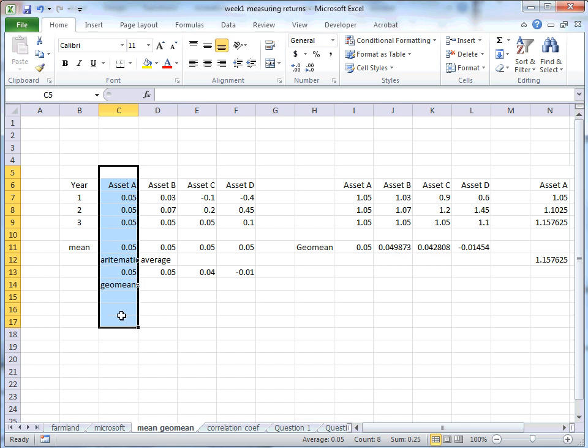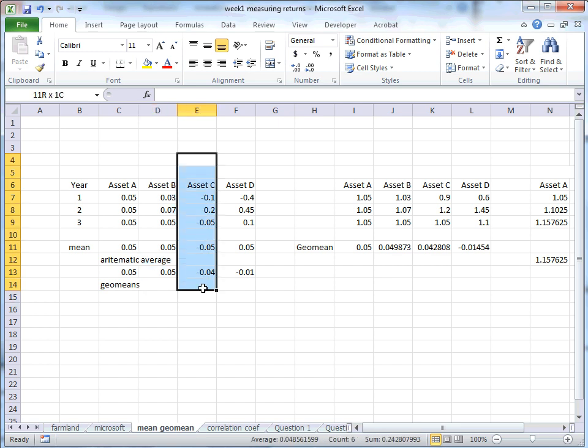Asset A has the same arithmetic and geomean. Asset B about the same, or it's the same. Asset C has the same arithmetic average but a lower geomean. Asset D actually has a negative geomean.